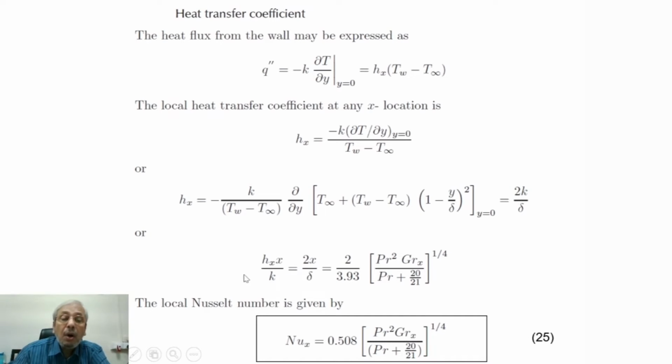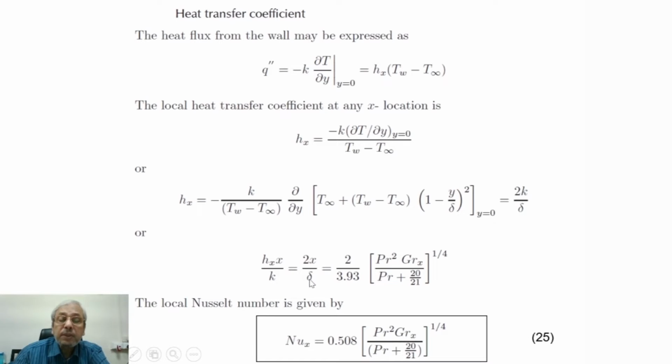So Hx into x by k, if we transfer k to the left hand side and multiply with x, we'll get twice x by delta.